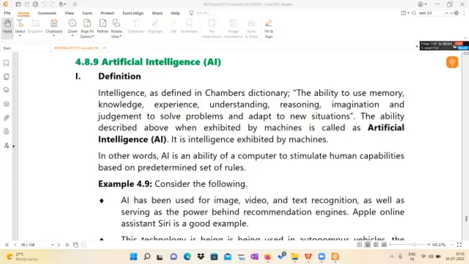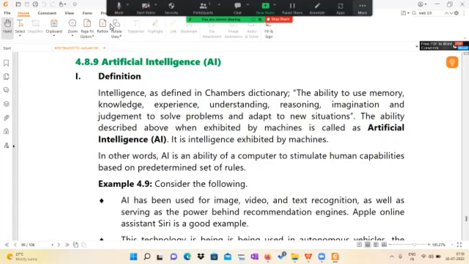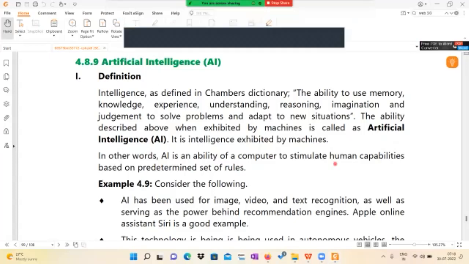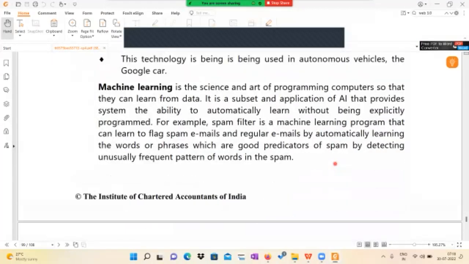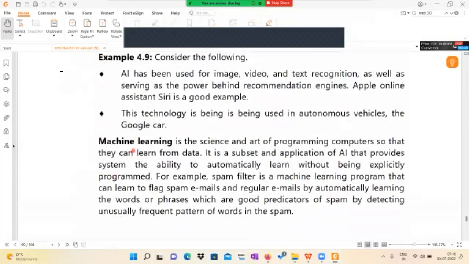Before going deeply into the definition of artificial intelligence, let us go to the definition of machine learning. Then you will get much more clarity about the artificial intelligence topic. So what is meant by machine learning?